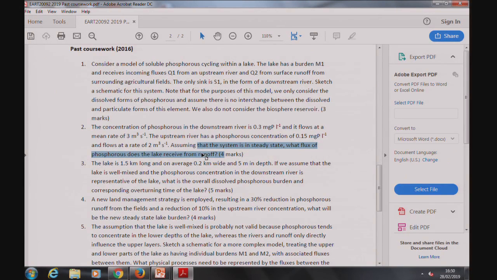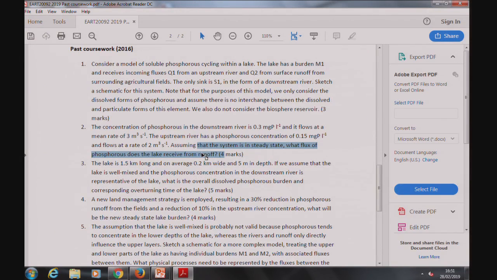So it's 3,000 litres per second. You can see the litres are going to cancel. So it leaves me with 0.3 times 3,000, which is 900. Milli, so divide by 1,000, so that ends up being 0.9 grams per second. So that's how much phosphorus is leaving the lake in this downstream river.